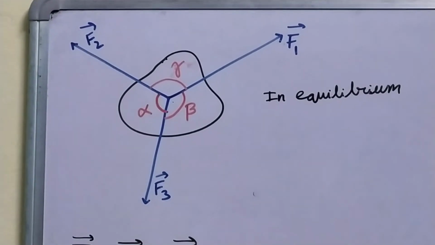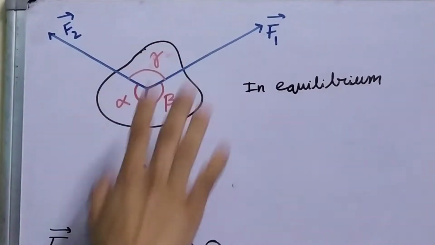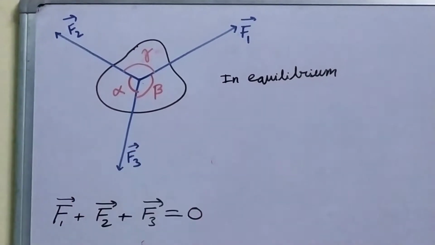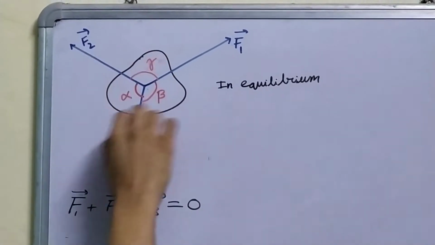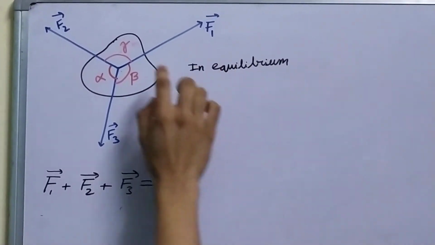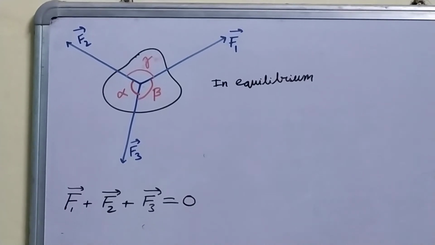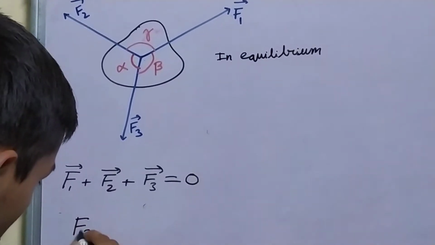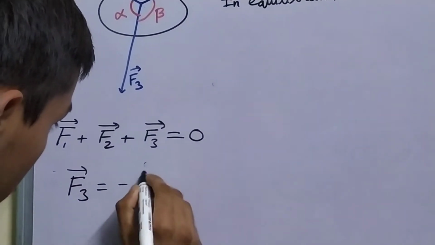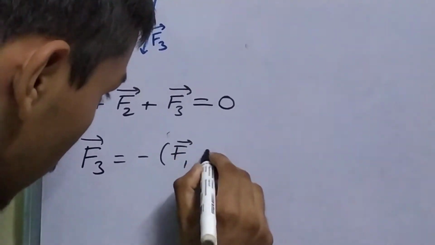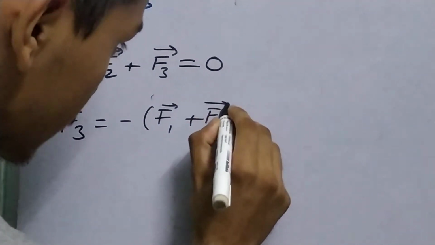This is what is given to us, and we need to find out a relation between all these three such that this body is in equilibrium. Now first we can write F3 as minus of F1 plus F2.